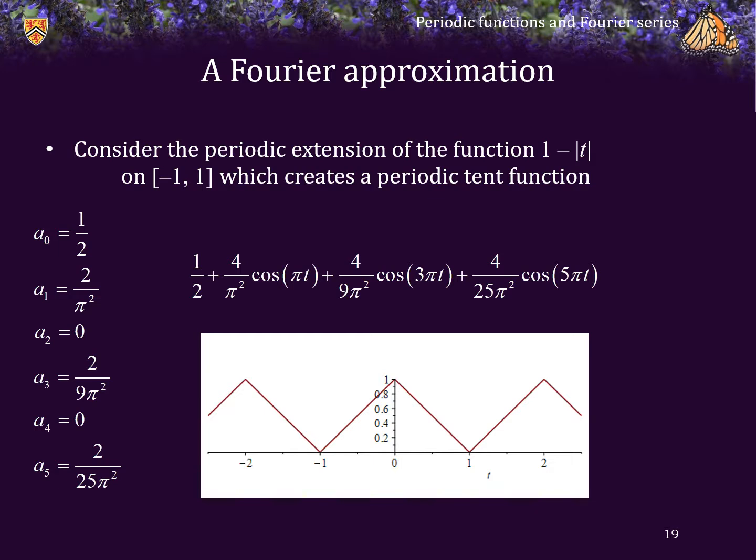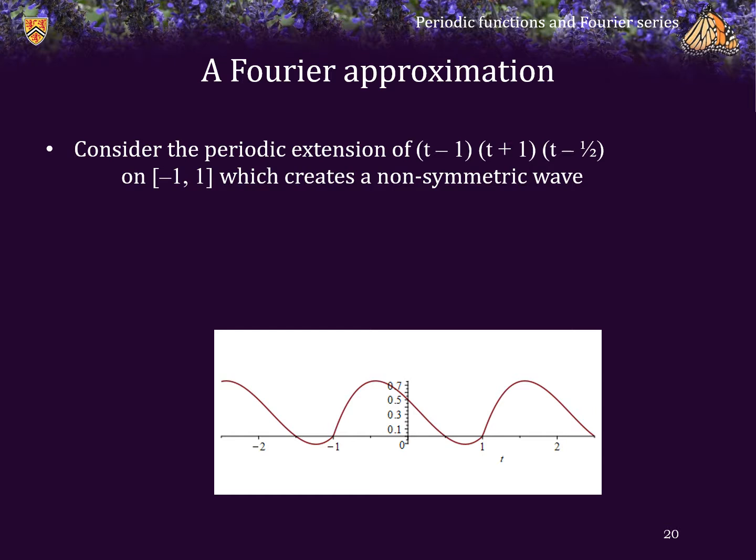Notice that all of the coefficients are real, therefore the argument of each of them is equal to 0, so there is no phase shift. And if we plot this approximation, we can see that the approximation is pretty good, specifically because this is a continuous function, as opposed to the previous function, where the sawtooth function was discontinuous at the endpoints of the interval -1 to 1.